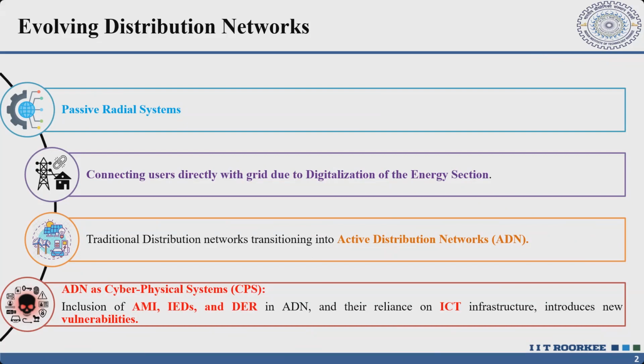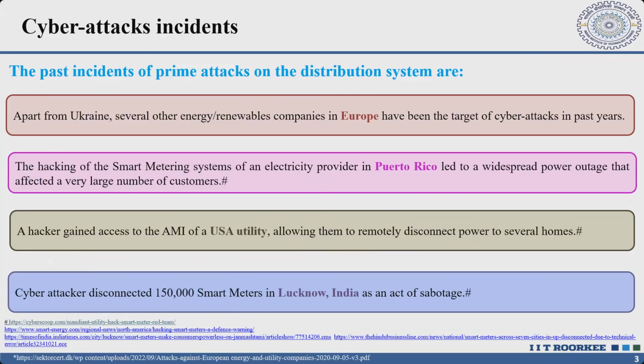Earlier it was not there. When you add DER, the power flow now becomes bidirectional from earlier unidirectional. The controllability is increased, and real time monitoring of the data is also there now. This is the change we observed.